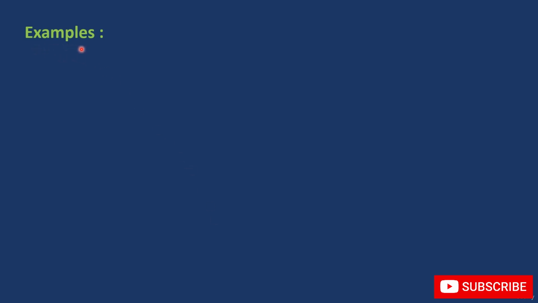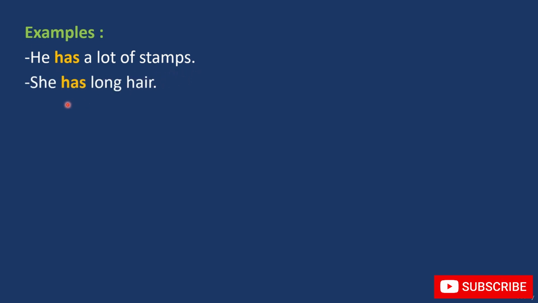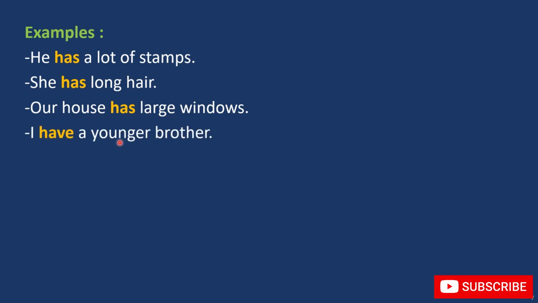Some more examples to clarify the verb have and also has. He has a lot of stamps. She has long hair. Our house has large windows. I have a younger brother.